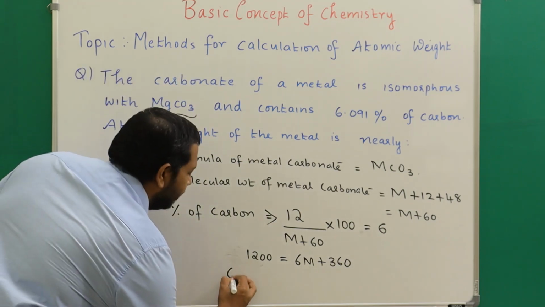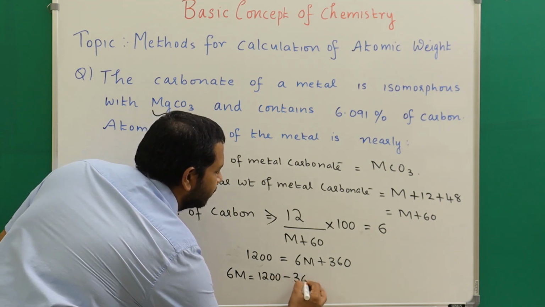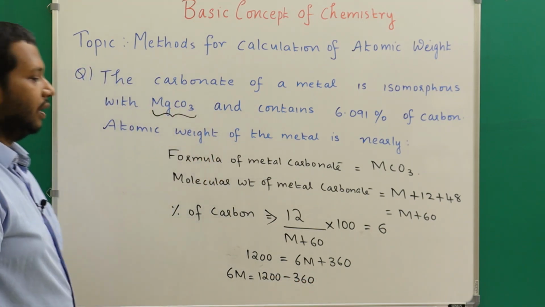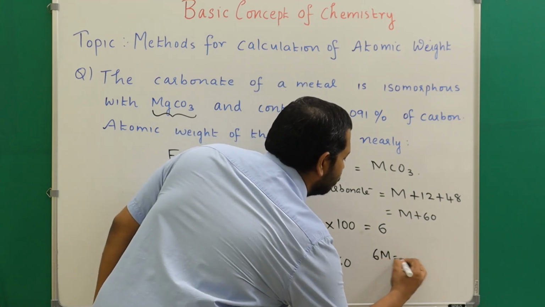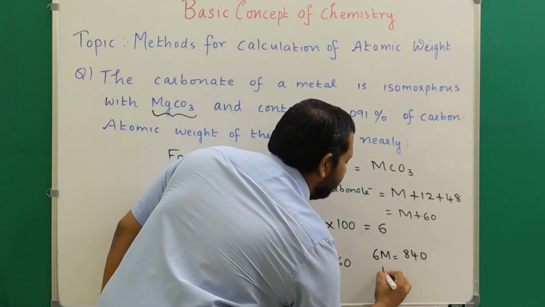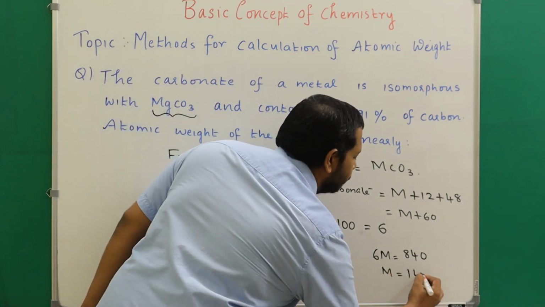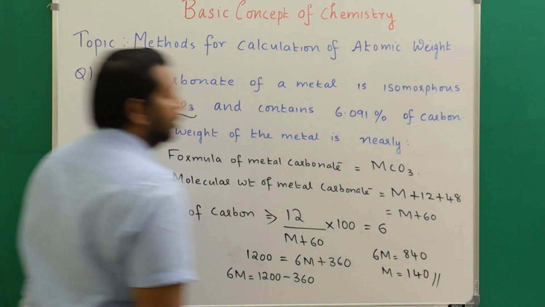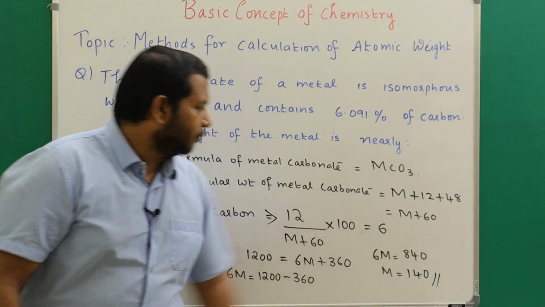Now 6M is equal to 1200 minus 360, which is 840, and M is equal to 840 by 6, that is 140. So this is the answer, 140.